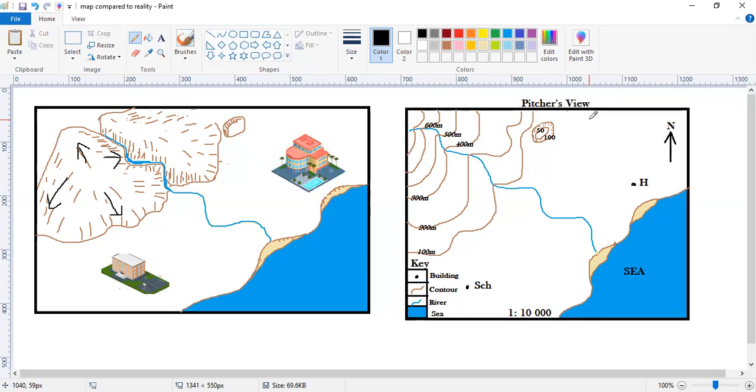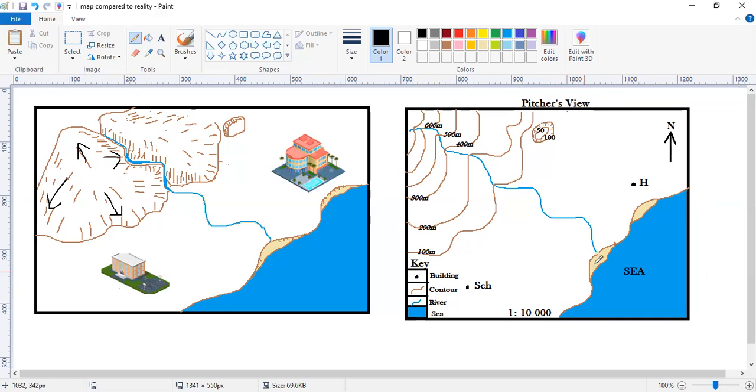All right, so the final element, it might not seem so significant, but it is still important for a good map, is the border. The border is for neatness, and it helps to hold the different features, the different elements of the map together.